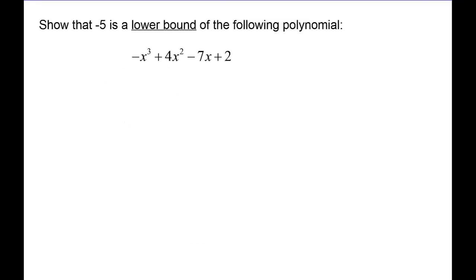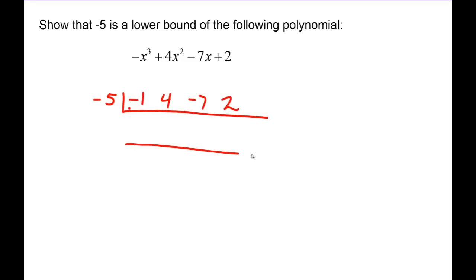Okay? So now we're going to show that negative 5 is a lower bound of this polynomial. And it works exactly the same way. So we say negative 5. And then we put our information in for the coefficients, and then we do our division. So bring down the negative 1. The negative 5 times negative 1 is 5, and that becomes 9.